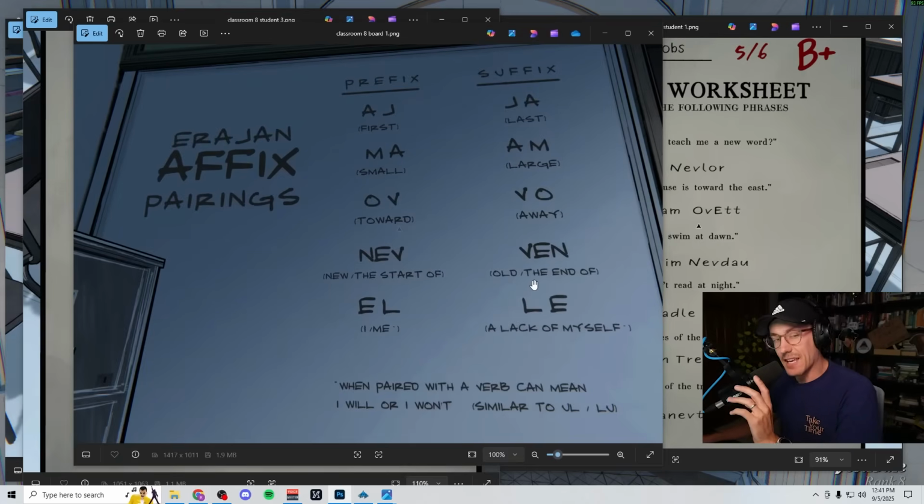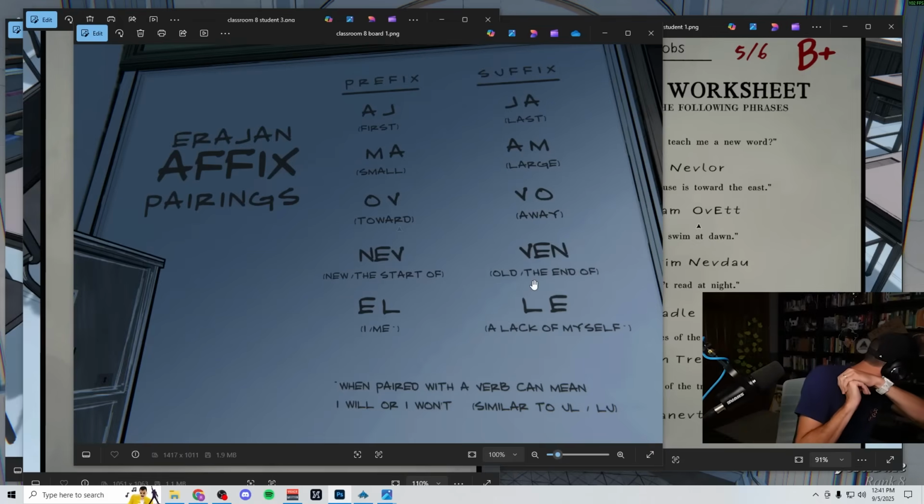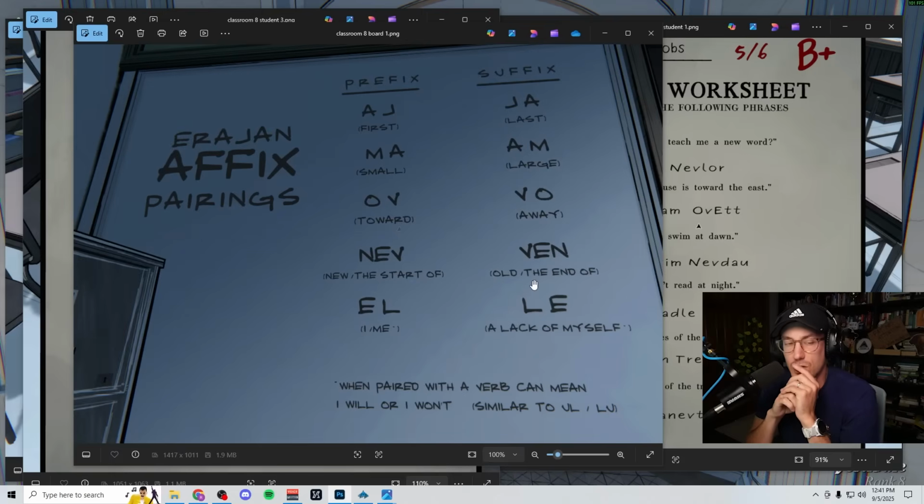Does it mean the end of the tree? The branch is the end of the tree? Sort of like your fingers would be the end of your body? It is a suffix, so it should go at the end.